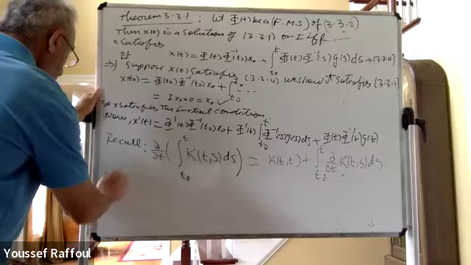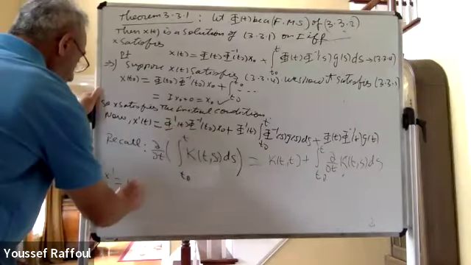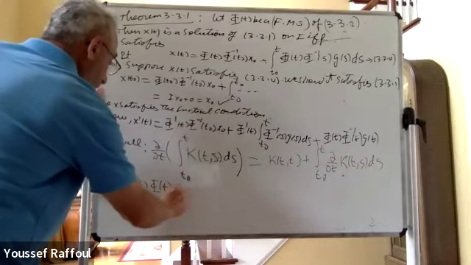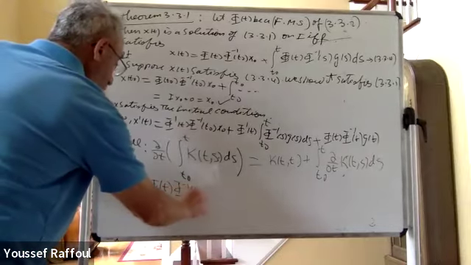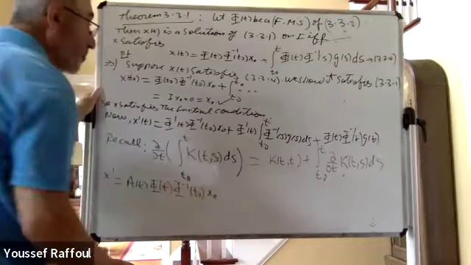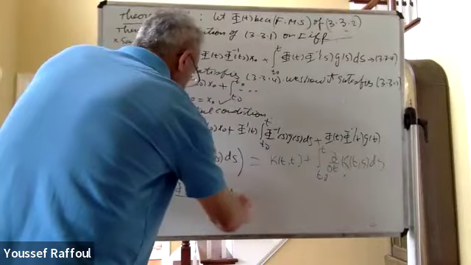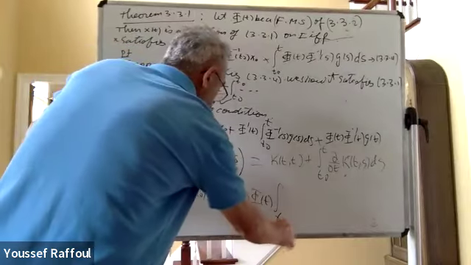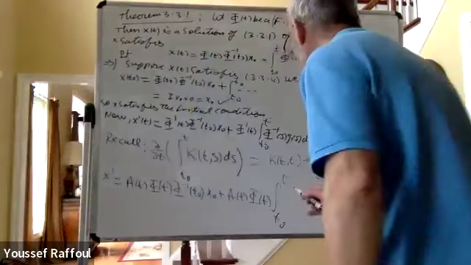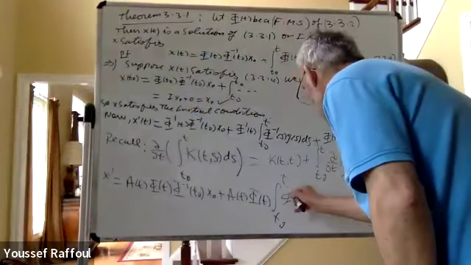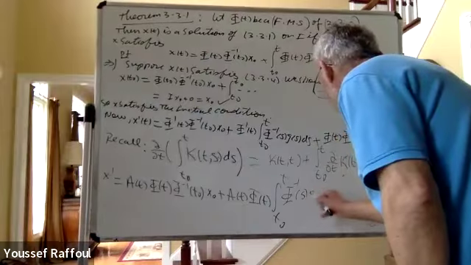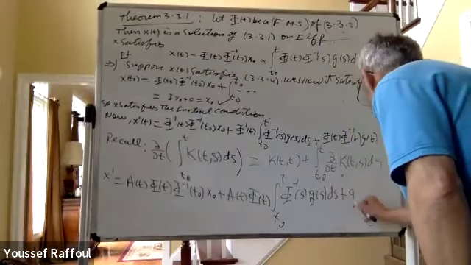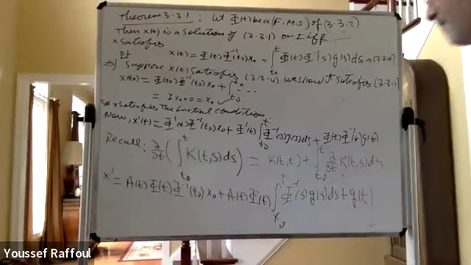So x prime, phi prime is A(t) phi of t, phi inverse of t_0 x_0, plus A(t) phi of t integral from t_0 to t of phi inverse of s g of s ds, plus g of t.